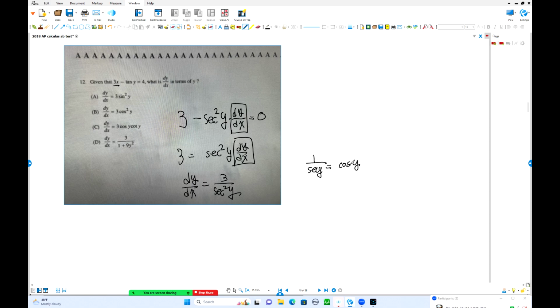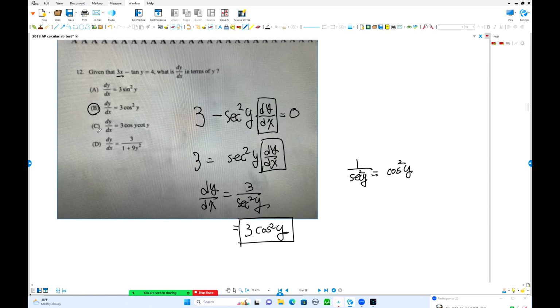Squared, it is cosine squared of y. That equals 3 cosine squared of y. Choice B is the answer. That's number 12.